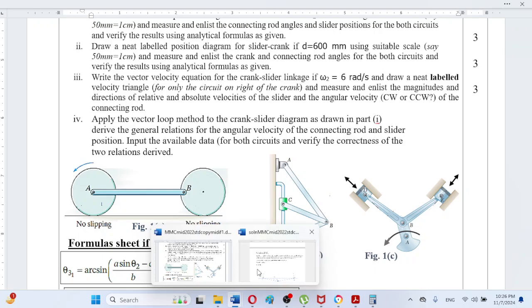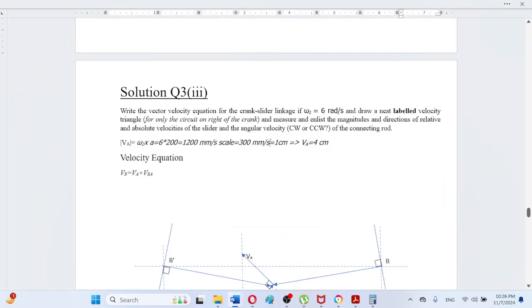So correct it here: for the crank slider mechanism, omega 2 is assumed to be 6 radian per second. So here the magnitude of the input velocity, which is the crank, came out to be 200 millimeter. The scale was chosen as 300 millimeter per second, which is equal to 1 centimeter. So VA becomes 4 centimeter.